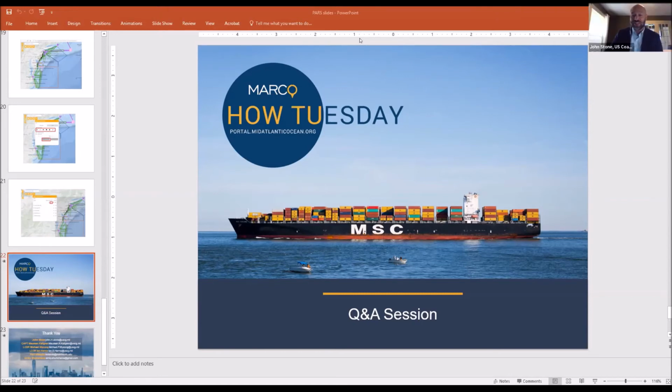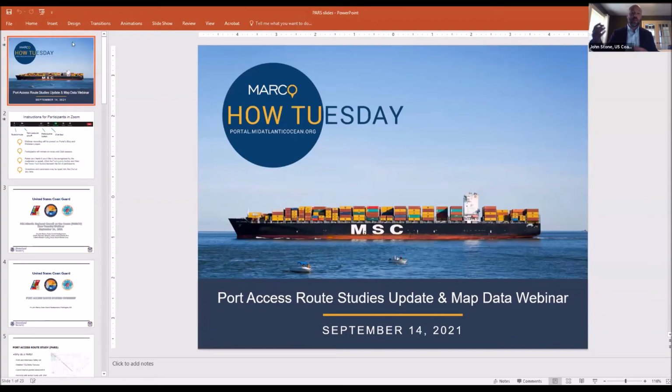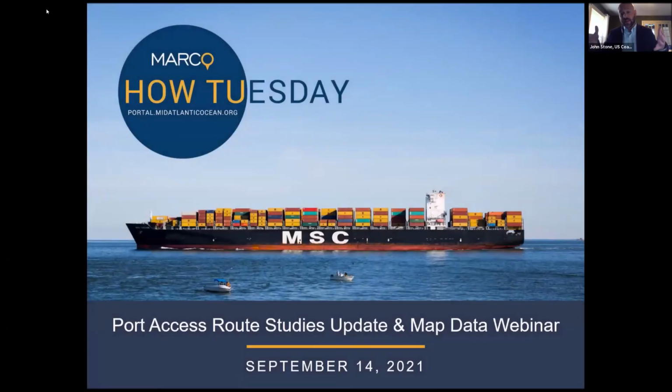Sure. This is John. First and foremost, thank you for your comment, Ed. Correct. I used the term fundamental over paramount, as the statute actually writes. But the point I was trying to make is that if, after the process, which includes the PARS, we necessarily have to go through a subsequent rulemaking project, and we do designate the waterways as a TSS or a fairway, that area designated is what would recognize that right of navigation over all other uses.